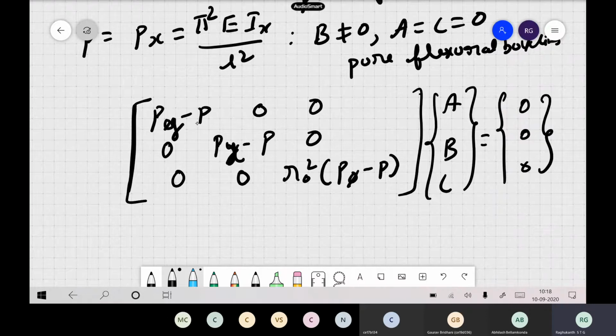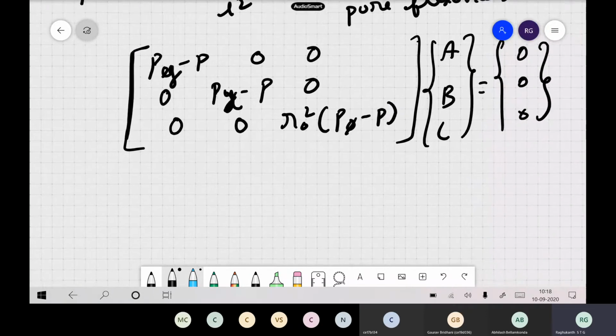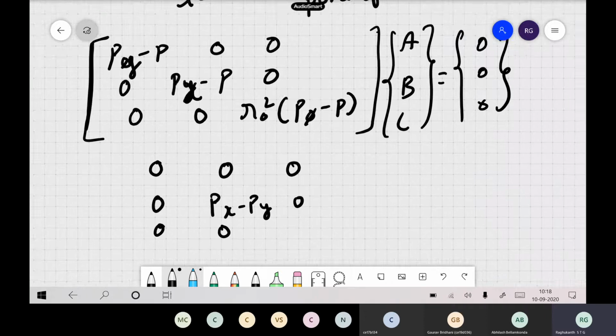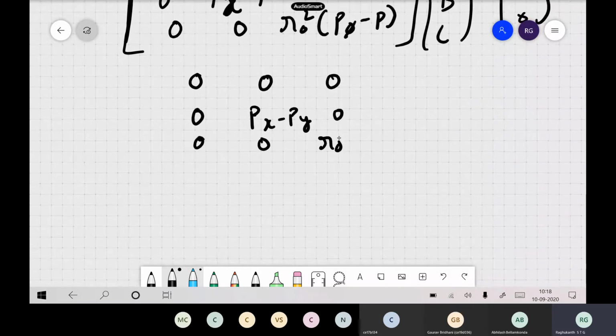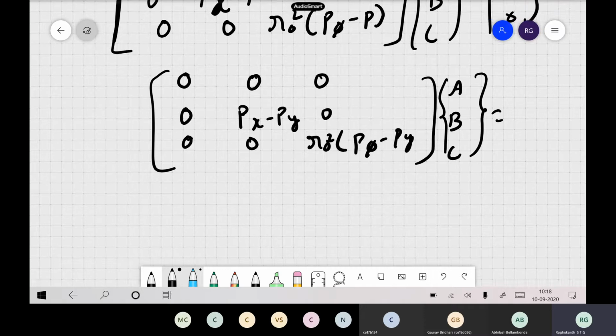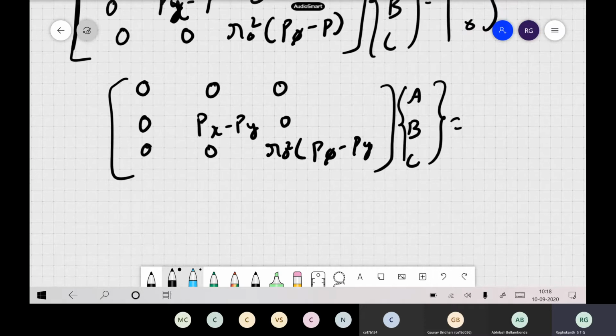If P is equal to Py, what happens? You will have an equation like this: 0, 0, 0; then Px minus Py, 0; then 0, 0, then R naught square times P phi minus Py; multiplied by A, B, C has to be 0, 0, 0.